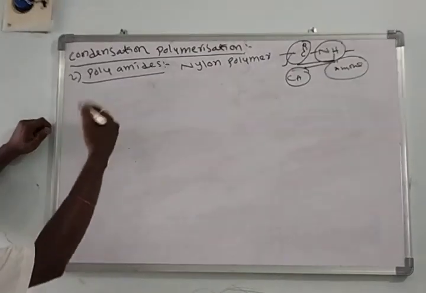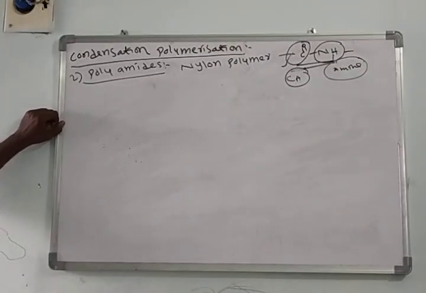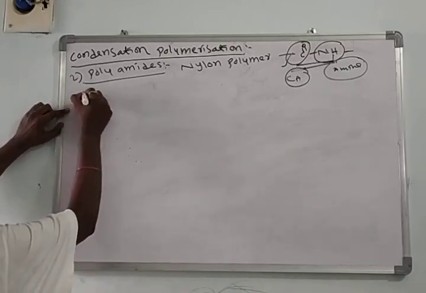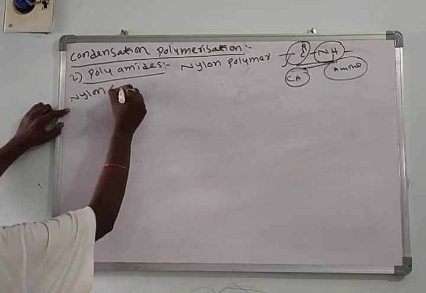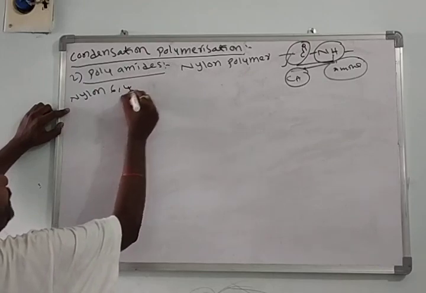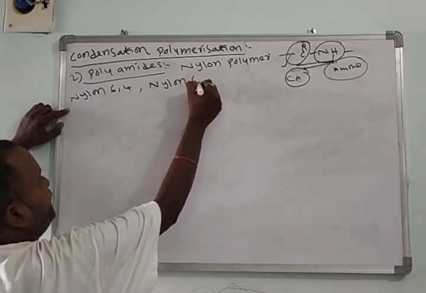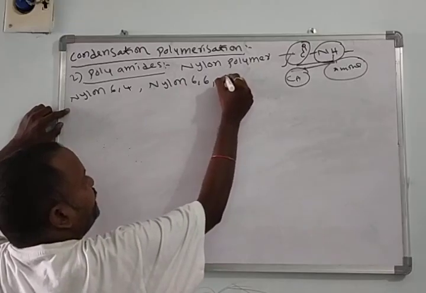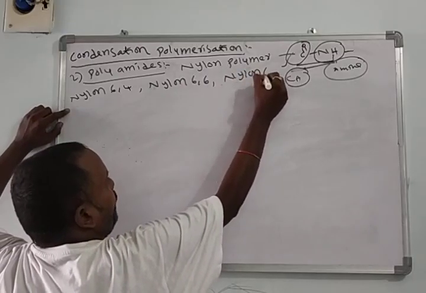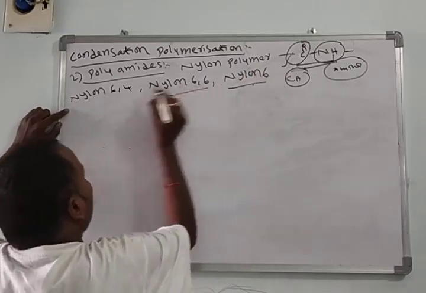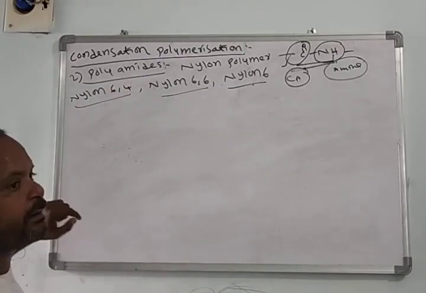Here we have so many nylon polymers: nylon 6,4, nylon 6,6, nylon 6. In nylon 6, what is this number?